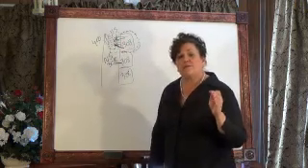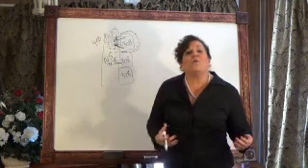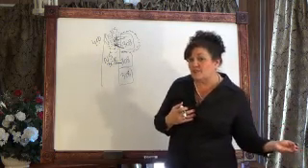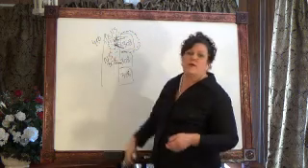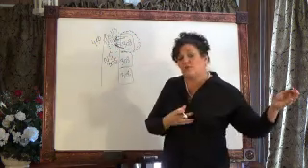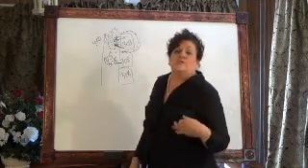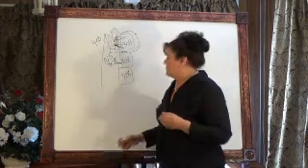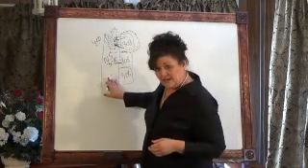So anytime we have fluid overload in a cell, we want to hang a hypertonic fluid to suck that fluid right out. Okay? If this was a swollen brain cell, we can hit you with mannitol. It pulls the water out of your brain, and then we can hit you with Lasix, and you're literally urinating your brain water out.